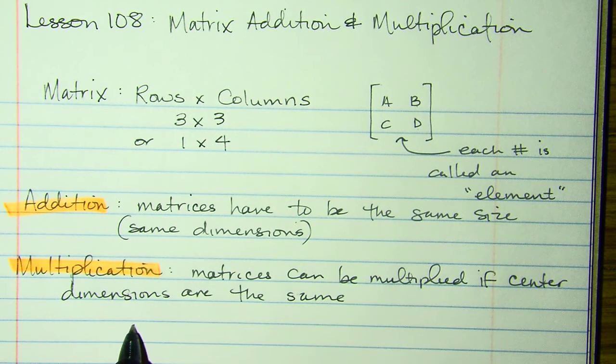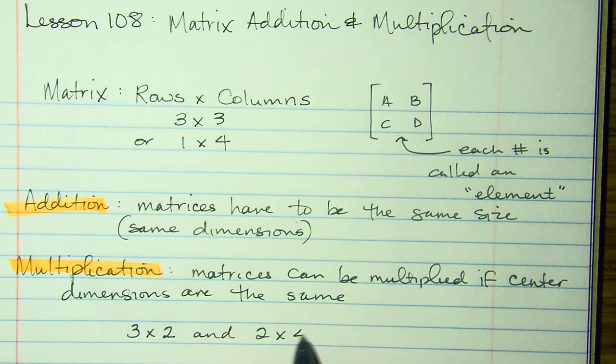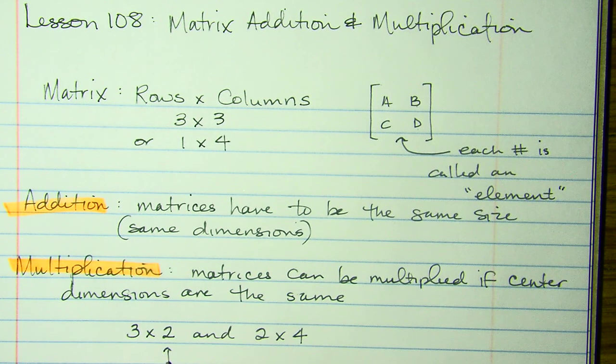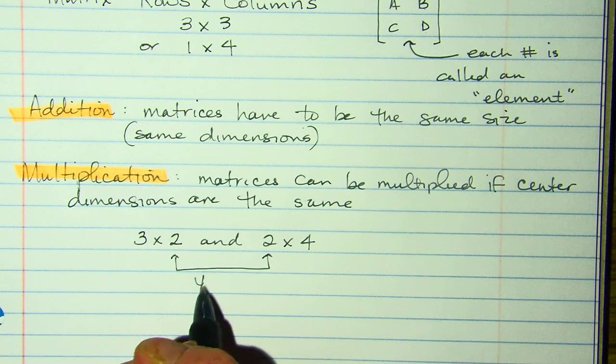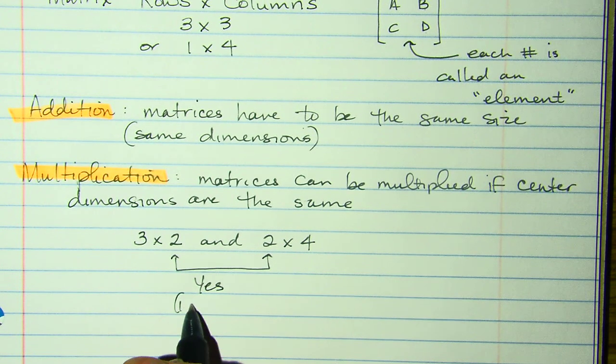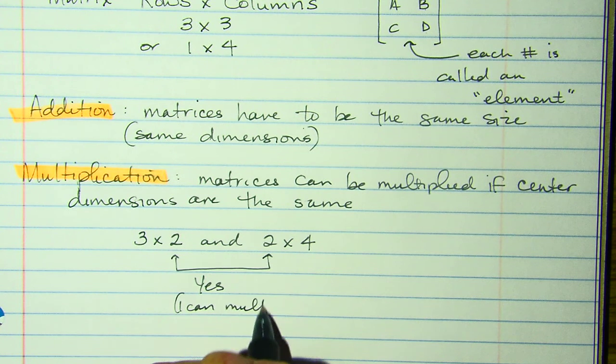For example, if I have a 3 by 2 and a 2 by 4, the center dimensions determine if I can multiply it. So because these are the same, yes, I can multiply them.